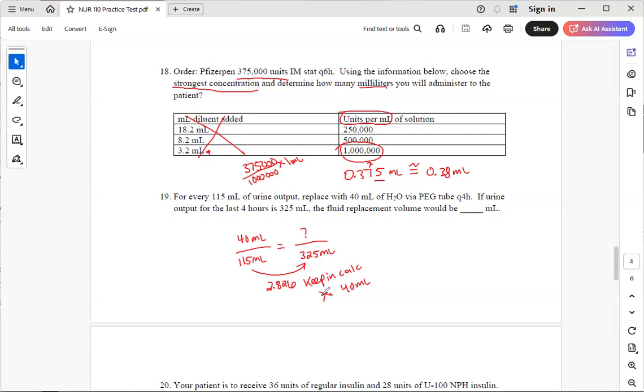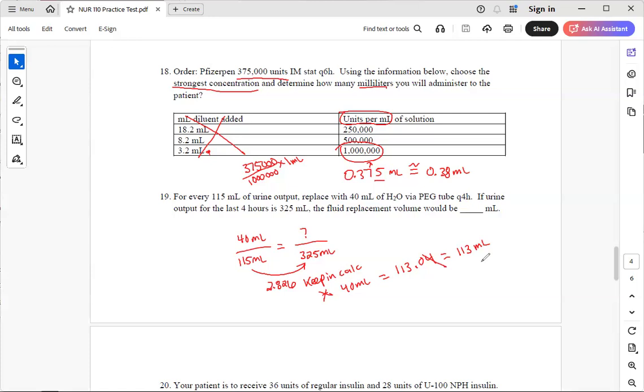So once you have that 2.82608696565 or whatever happens to be, multiply that number by 40. And what you're going to see is you're going to get an answer of 113.04. Now, if I'm following my rounding rules and rounding to the nearest tenth, the 4 we just drop. And so I'm just going to get an answer of 113 ml.